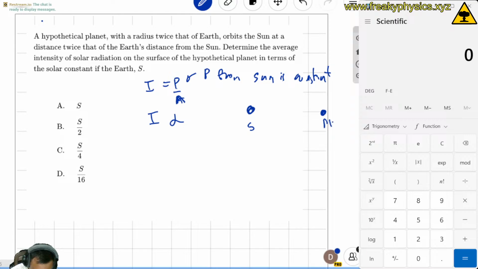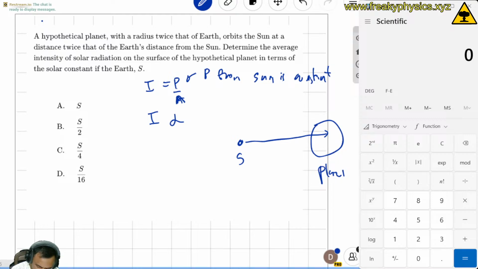Okay, I'm gonna make it a bit more exaggerated so it's a bit easier to see. If this were the sun and I'm gonna make the planet this size. Now that planet is going to be at a distance, in this case it says twice that of Earth, right? So let's just say that's R for now. And the radius of the planet, we need to consider that here.